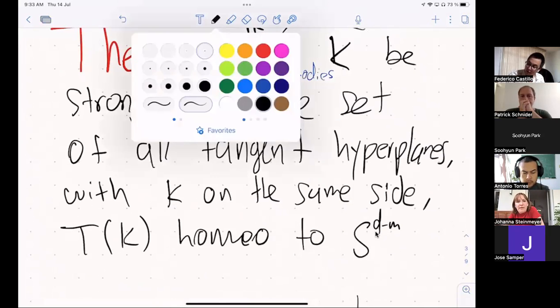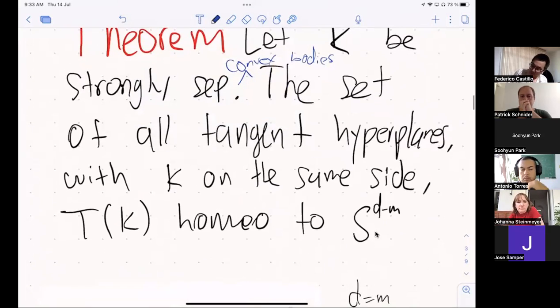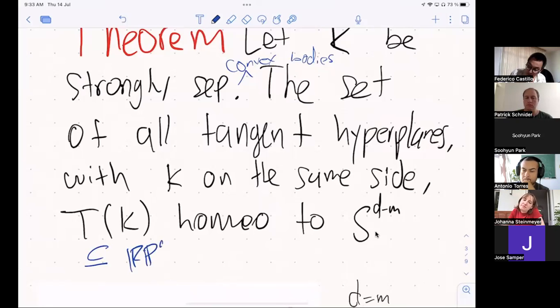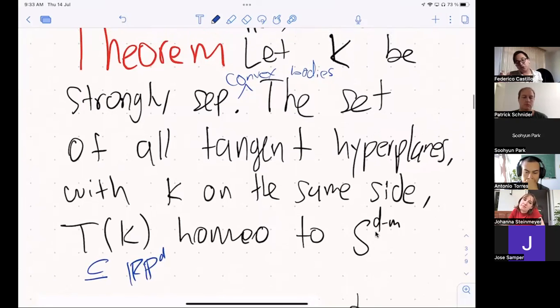I want to remark that when we say that something is homeomorphic, it has some topology. Of course, the space of hyperplanes has a topology. They live in projective space, because you have an equation, so you have D parameters for the equation, but not all going to zero. Then you have an extra parameter, since your whole equation is like a dot x equal to something.